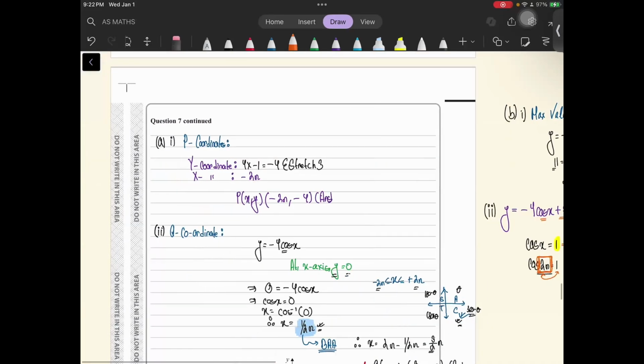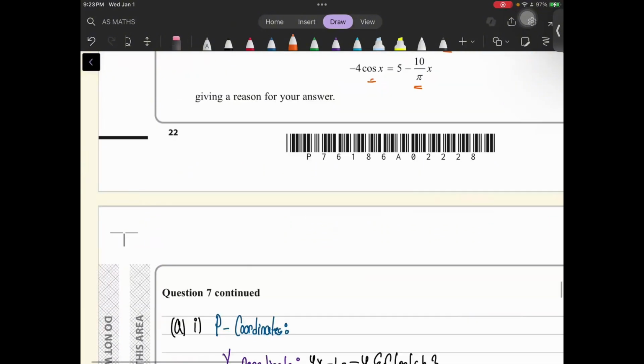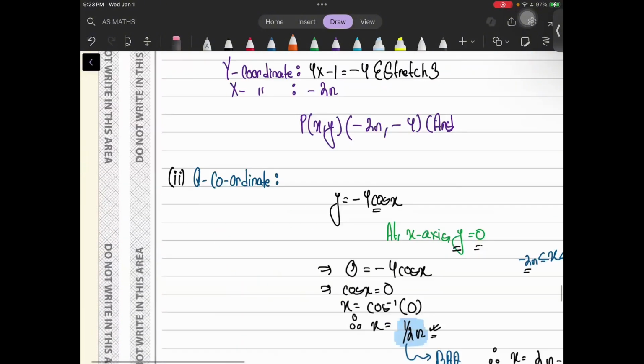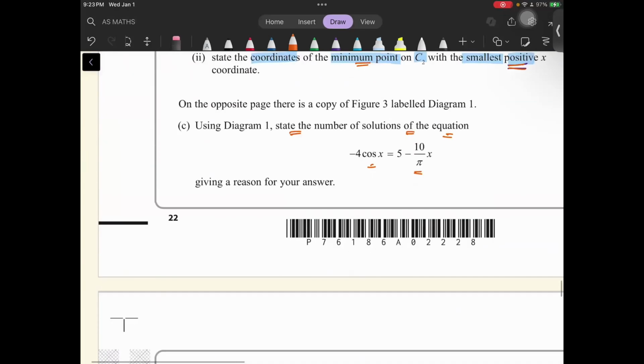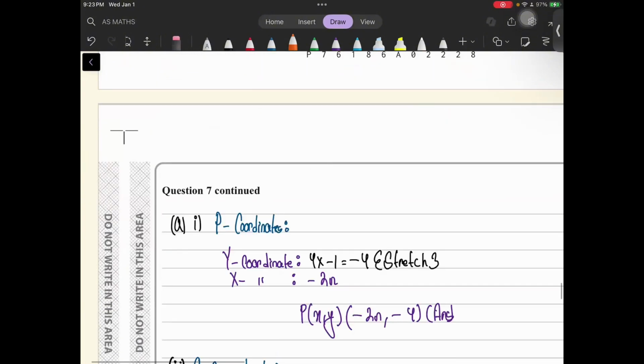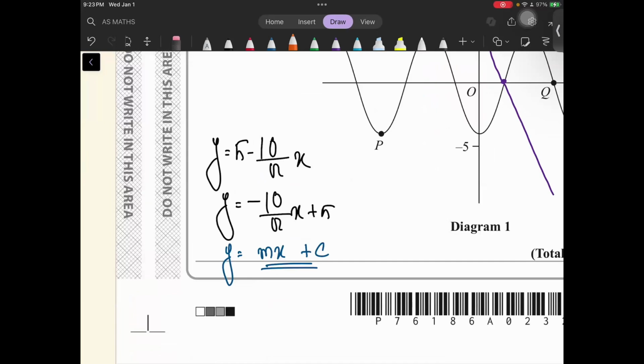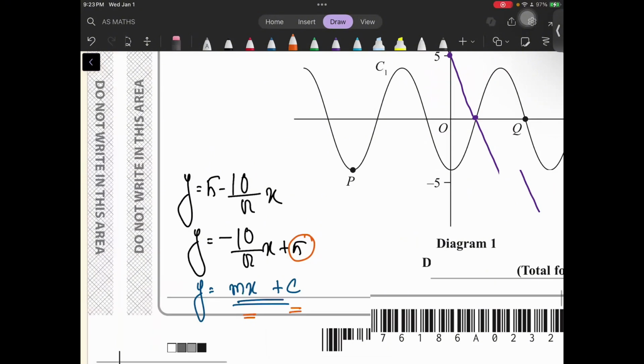Using diagram 1, state the number of solutions of the equation. So basically, this is the equation of C1 and this is the equation of C2. What you have to do is plot a graph of that and find the number of solutions. I rearranged this equation to get an equation that looks similar to this, and it has a y-intercept of 5, so the graph would pass through 5.